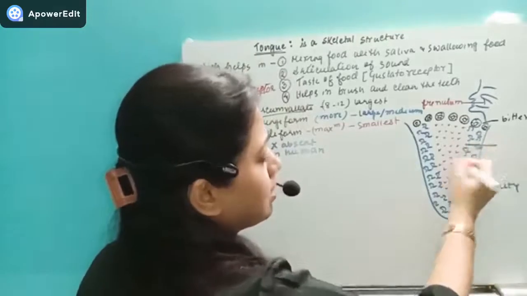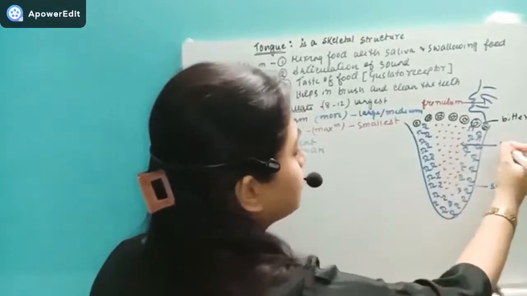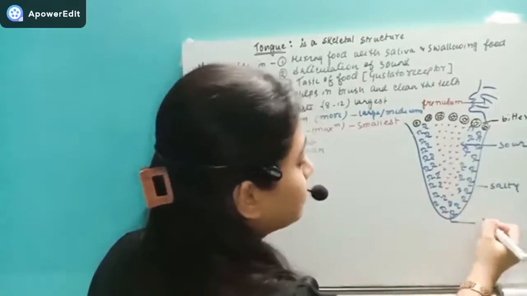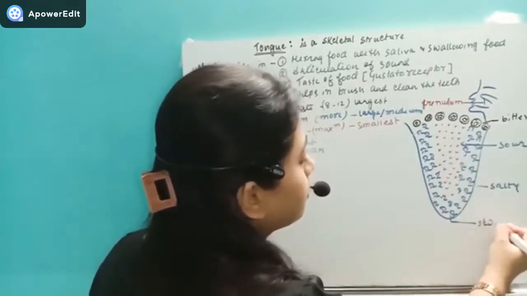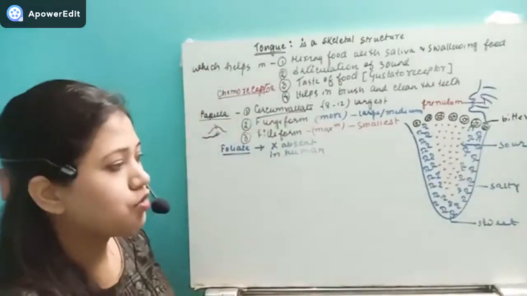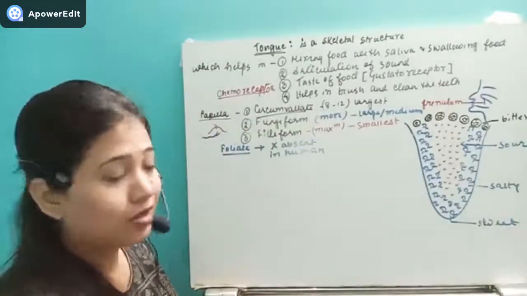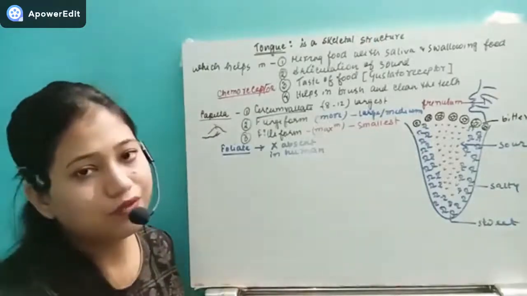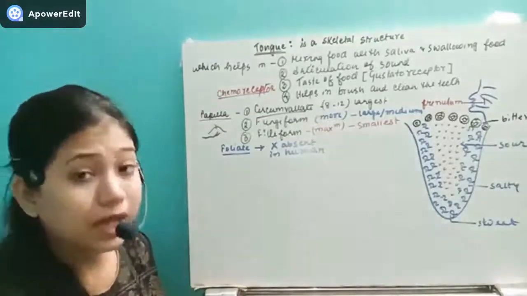Towards this side, we can sense the sour taste, and towards the tip, we can taste the sweet taste, right? So sweet, salty, and sour, these three types of taste can be understood by the fungiform papillae.